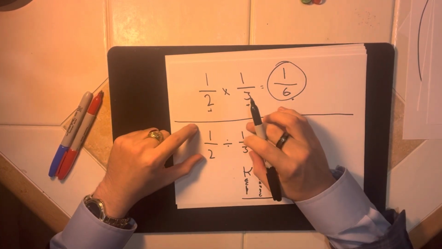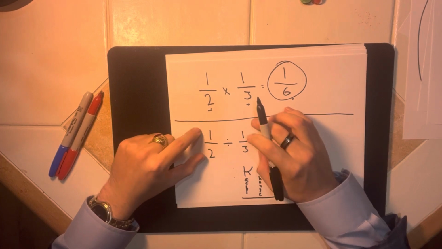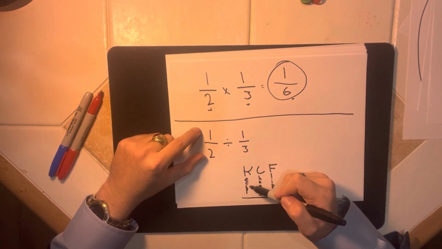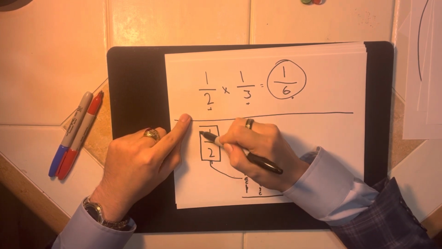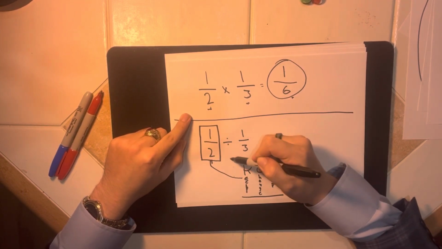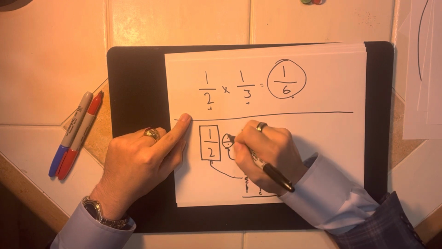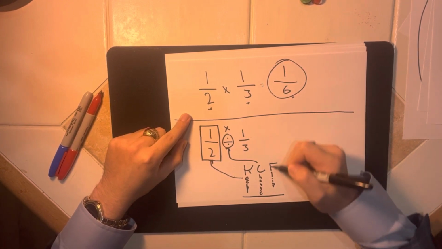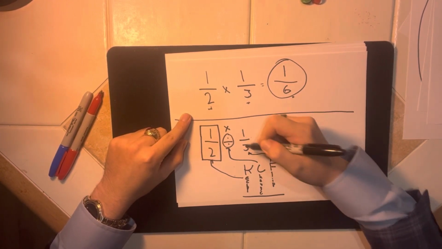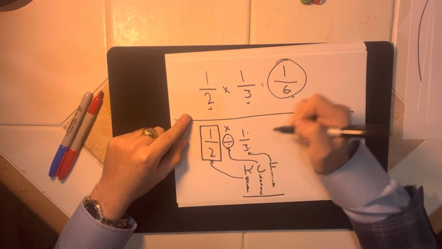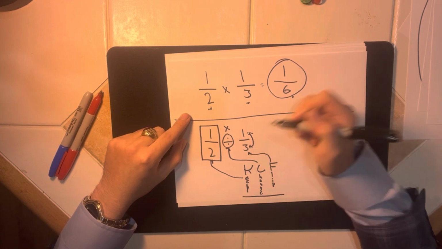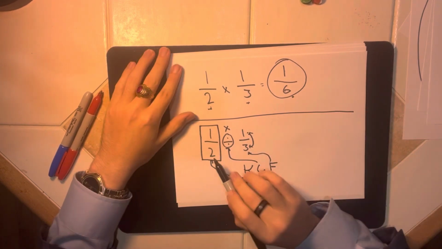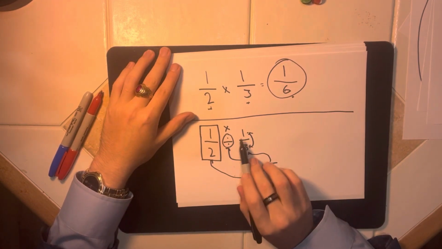When you're faced with a problem where you have to divide fractions, you keep this first fraction the same. You change the division to a multiplication, and you flip the numerator, this top number, and the denominator. Okay? So we started out with 1/2 divided by 1/3.